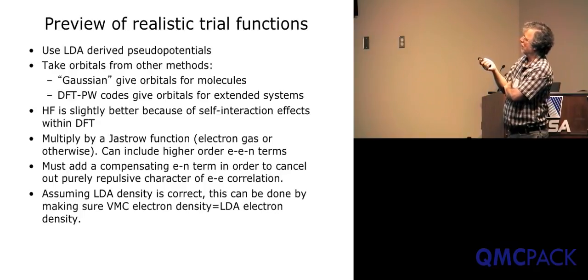For example, we take Gaussian orbitals from codes like GAMESS or DFT. Plane wave codes give orbitals for extended systems. We use Quantum Espresso and some other codes to get the Slater determinant. We multiply by a Jastrow function, and we can include other terms. We'll talk more about exactly how you treat realistic trial wave functions later in the week. These are the important points, anyway.